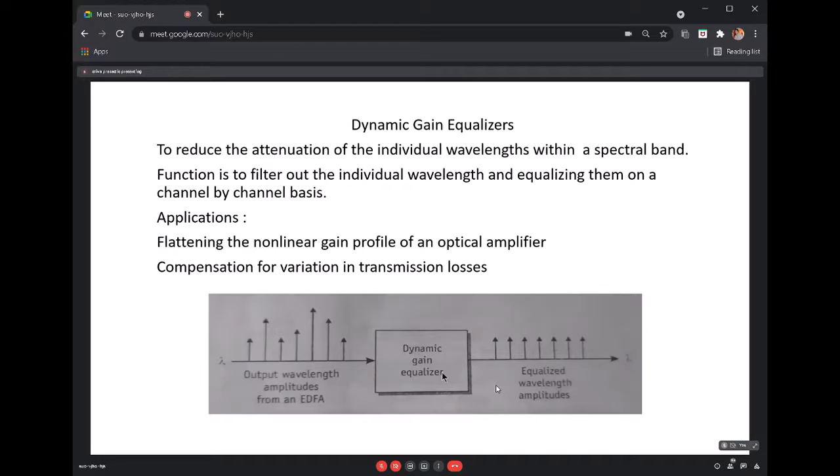This allows a greater degree of agility in responding to power fluctuation. So whenever the network condition changes, that feedback will be given, due to which it is going to change the individual wavelength channel by channel, and give an equalized wavelength amplitude.